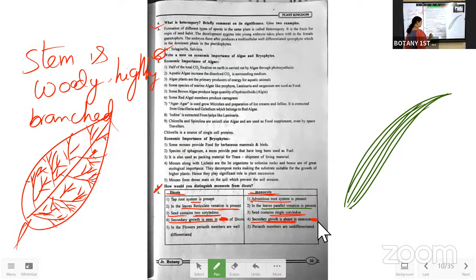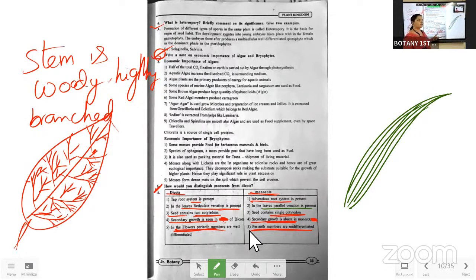So in the flowers, perianth members are well differentiated. Perianth members means the calyx and corolla. That is, the prominent calyx and corolla will be present in the dicot plants, whereas in the monocot plants, calyx and corolla are not that much differentiated.